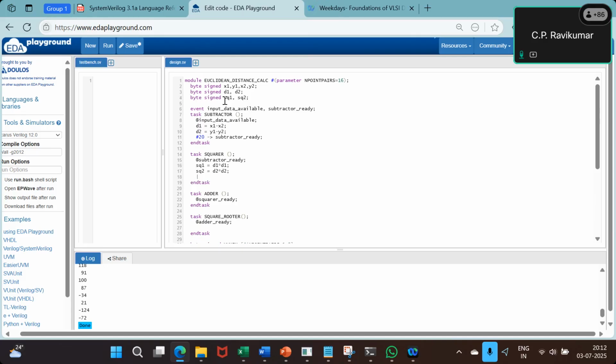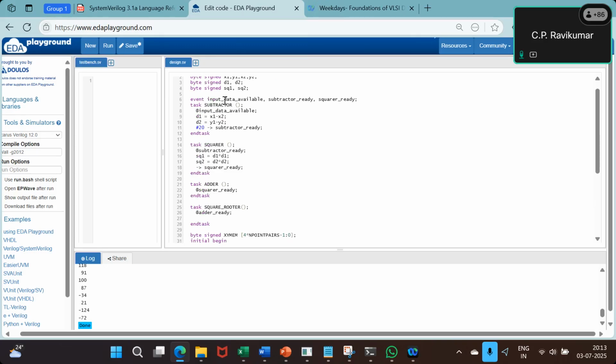And then you can say I am squarer ready. And squarer ready is also an event. I think we have to say how long it took. So maybe we'll say the squarer took 40 nanoseconds.